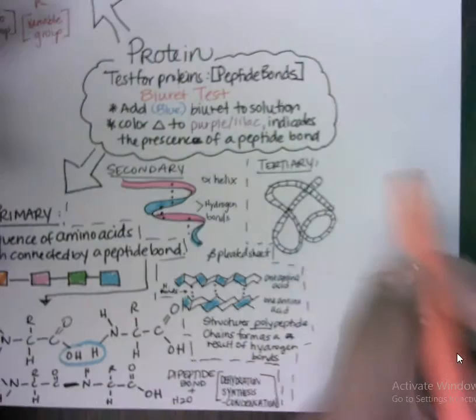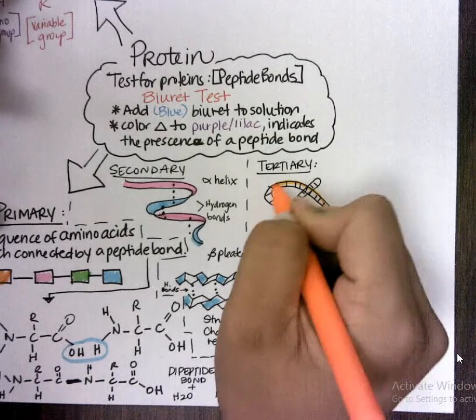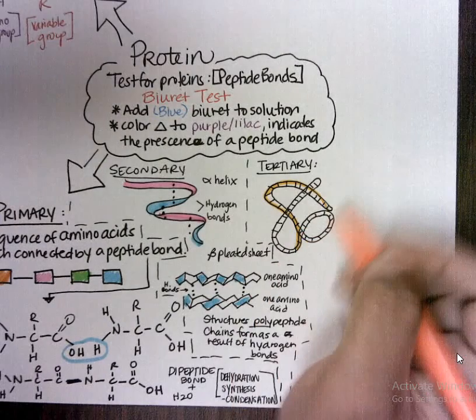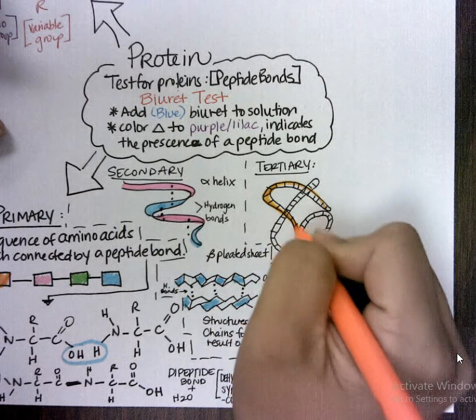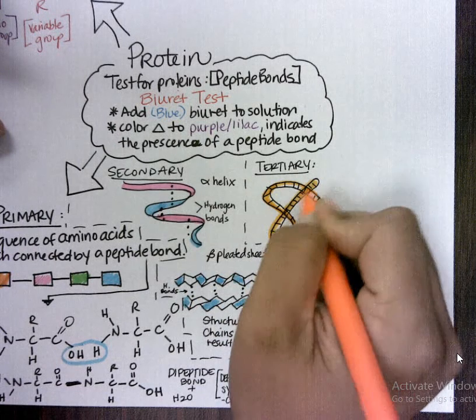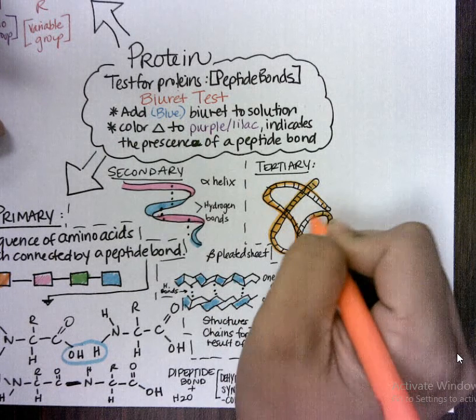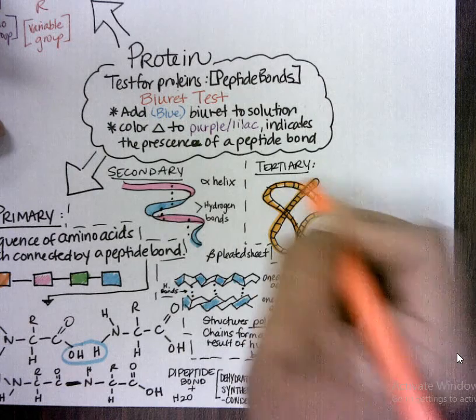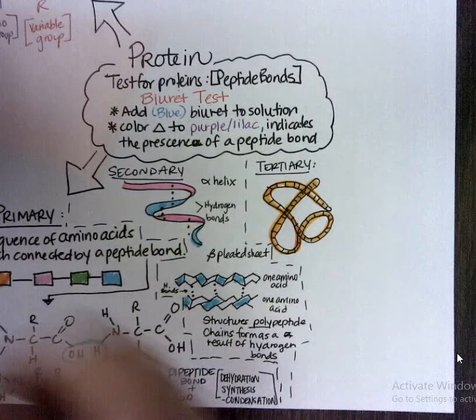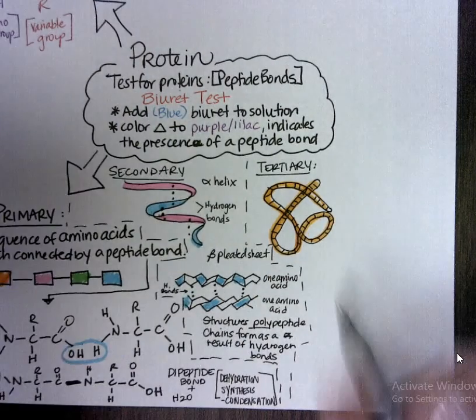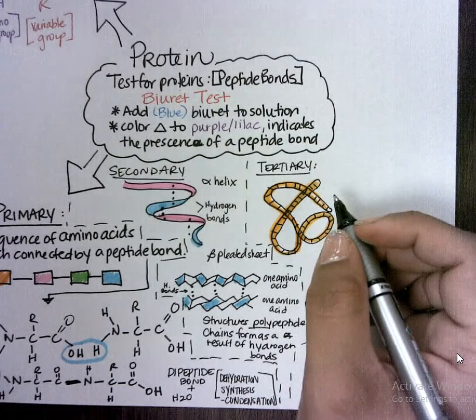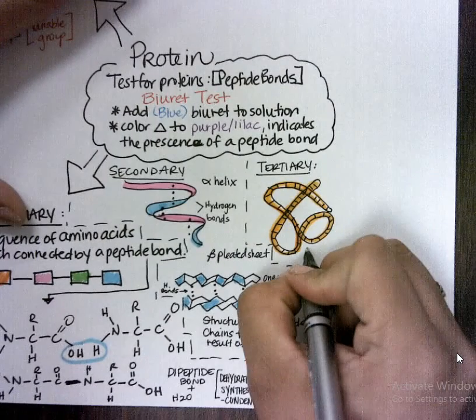Okay, so it kind of looks a little bit different. It's just to show you how well these molecules are going to attract to each other to start forming this either globular or fibrous structure. So in the tertiary structure, we have, it's known as the secondary structure.